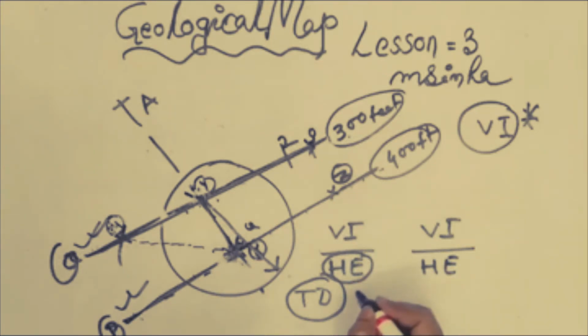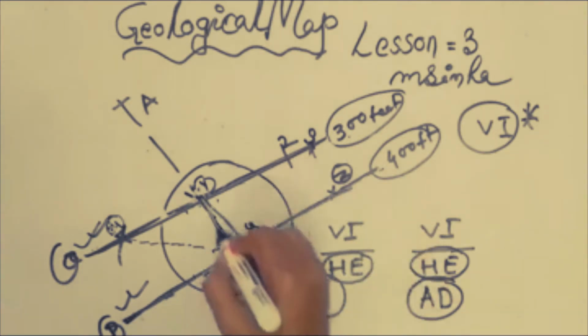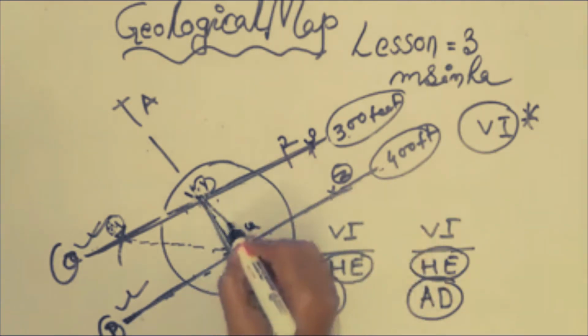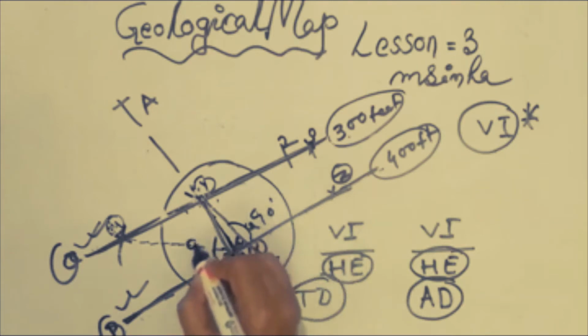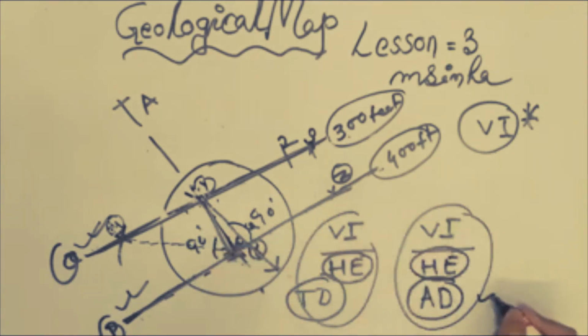That is the perpendicular distance, the minimum distance between two consecutive strike lines. And for the apparent dip, it's not the minimum distance. Here this line does not always create a 90-degree angle. Okay, this is the apparent dip.